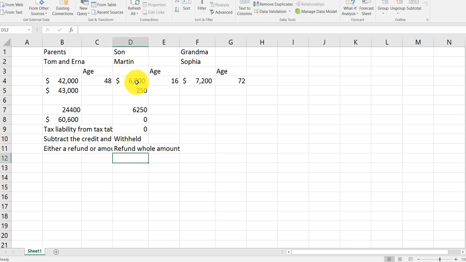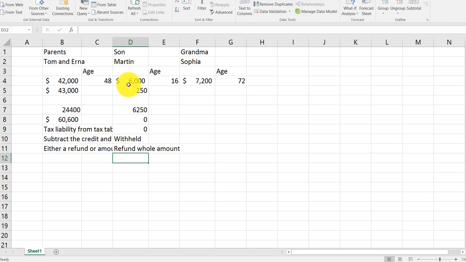With someone other than a child, you may have to look at it, because then the people claiming the dependent have to provide more than 50%. This is a different test, in that the son cannot be providing more than 50%. That's pretty easy to determine.